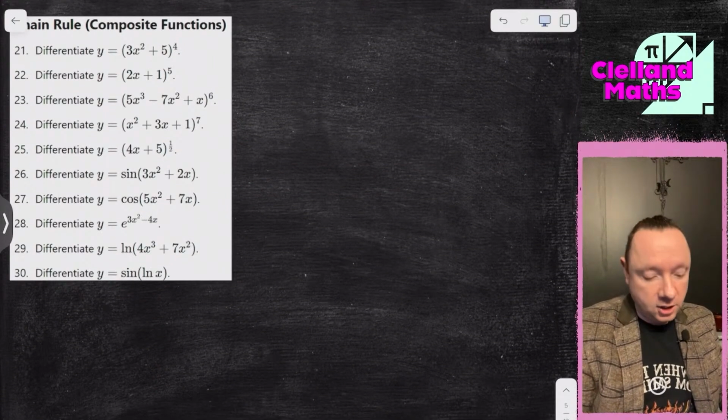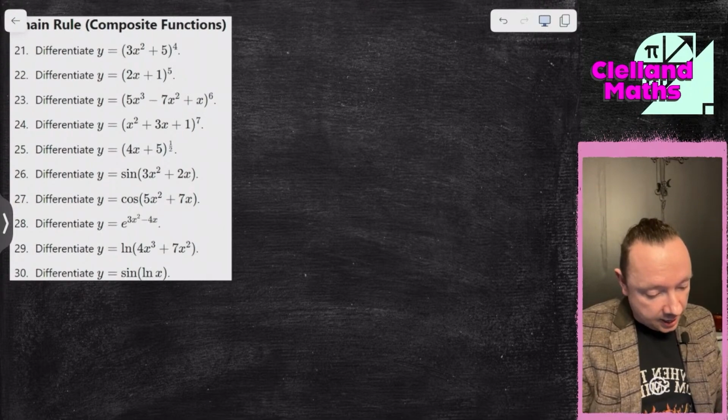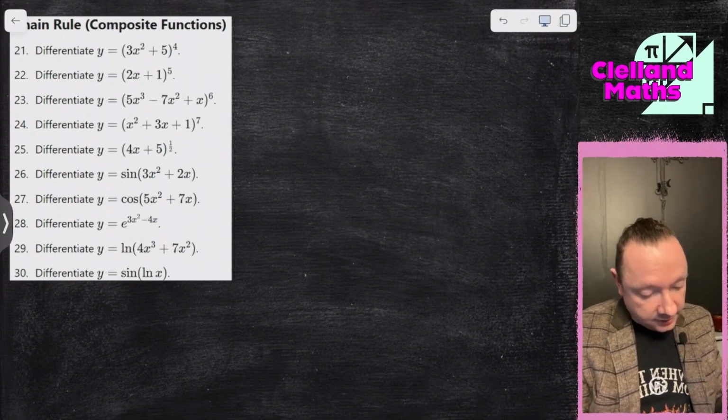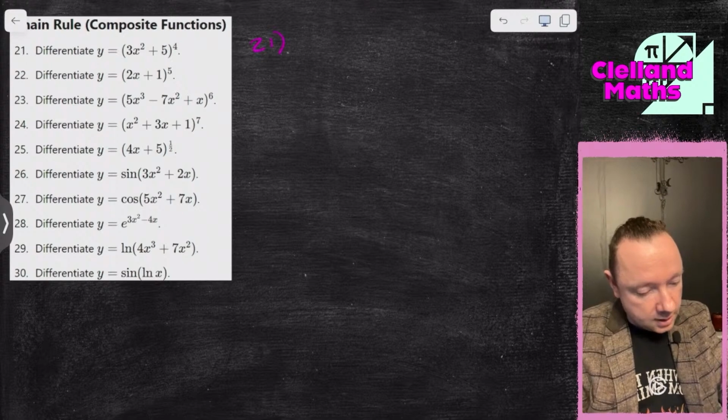Doing 100 differentiation questions, and they're now doing the chain rule for composite functions. Again, if you're doing advanced higher maths, then this will be relevant and that will be relevant, and so will that. But the rest will be higher maths, really. So 21, dy by dx. I take the 4 down to the front. I've got 3x squared plus 5 hanging around.